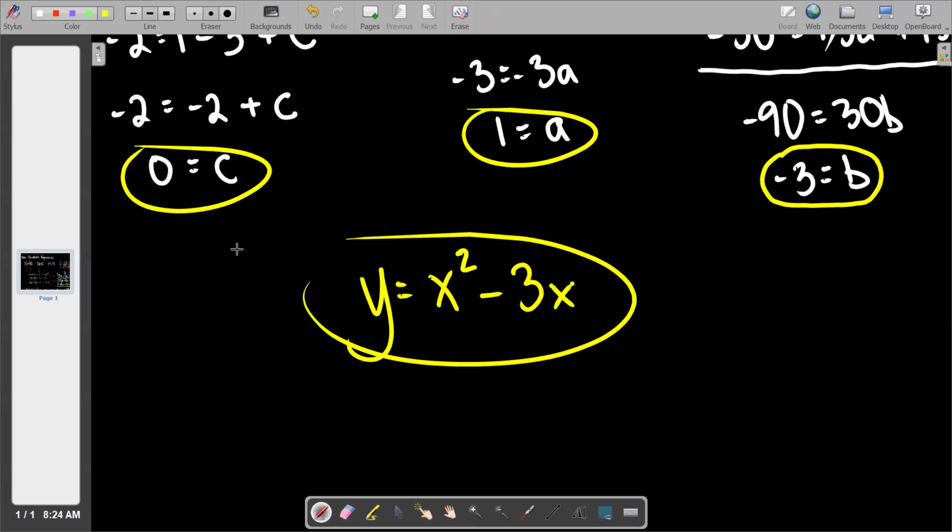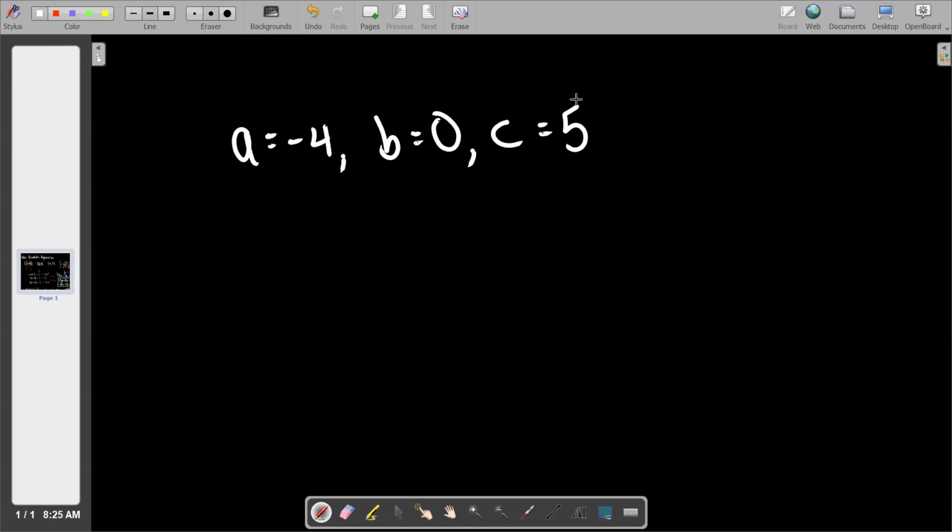And then you will also see, I don't remember where I put it in here because these are all jumbled up now. Like when I wrote them, they just found new homes. You will also get at least one on here where your b is a 0. Hugo, I'll answer your question in just 1 second. So let's say we finish one and we get like a equals -4, b equals 0, and c equals 5. Just making this up.